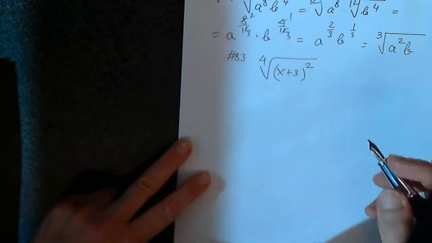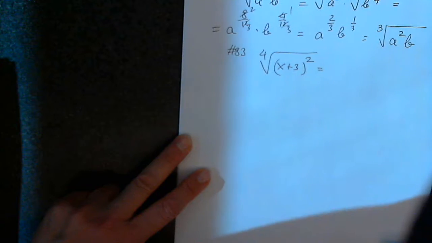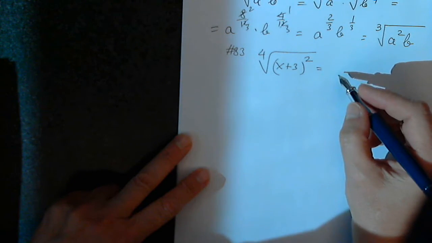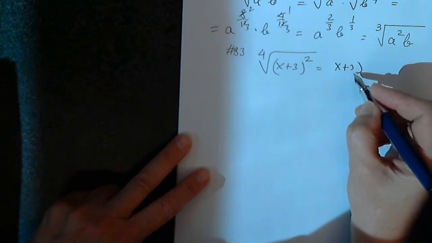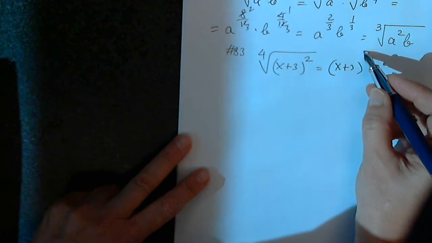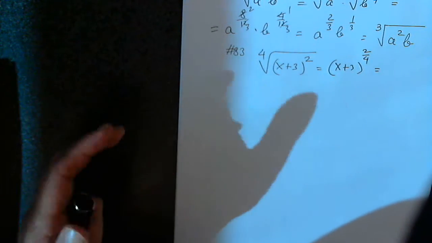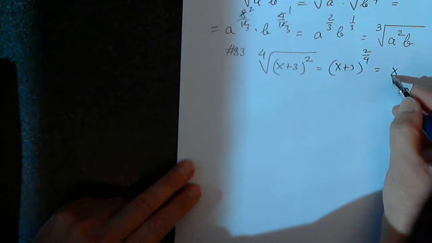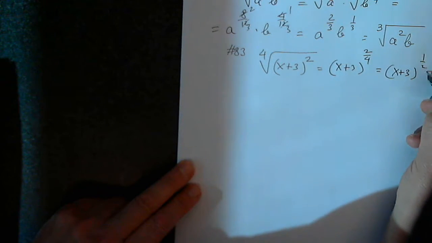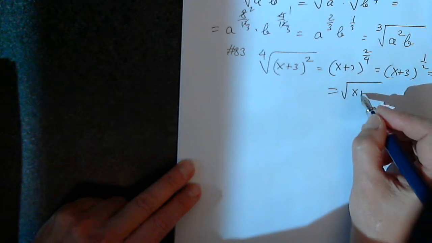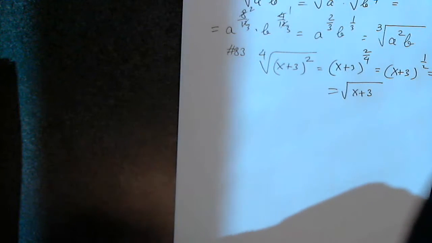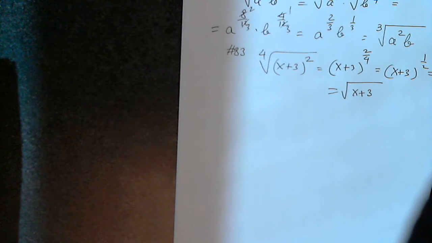What will be the first or the intermediate step? Very good. But 2/4 is? 1/2. So square root both of them. We cannot split it because it's a sum. That's it.